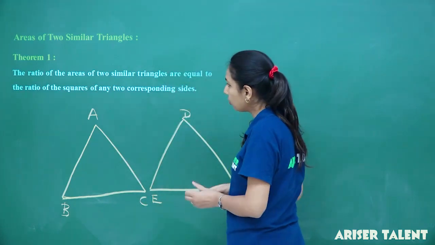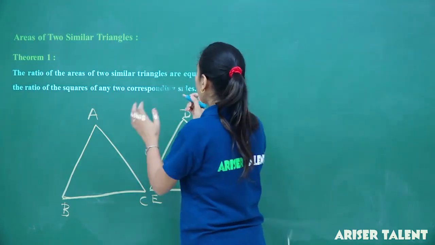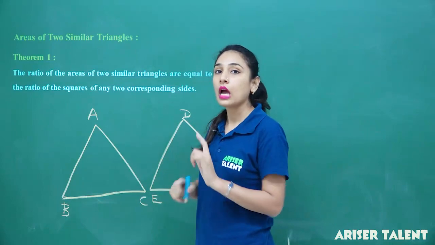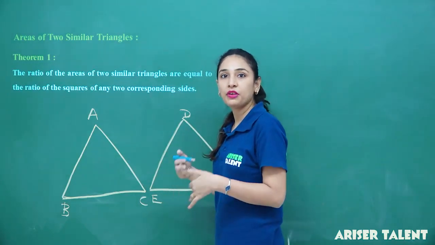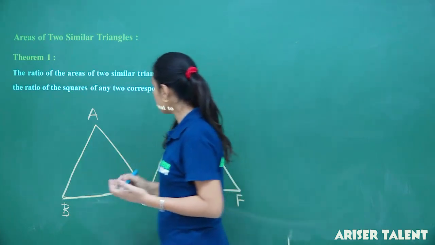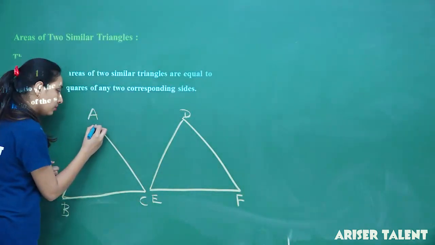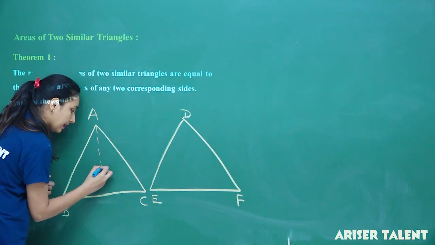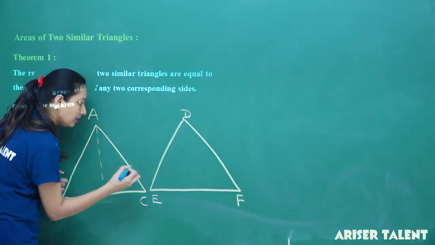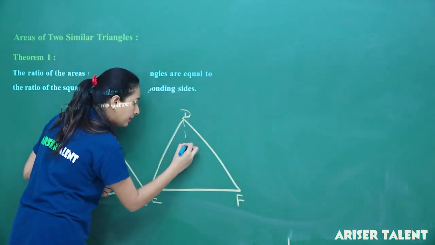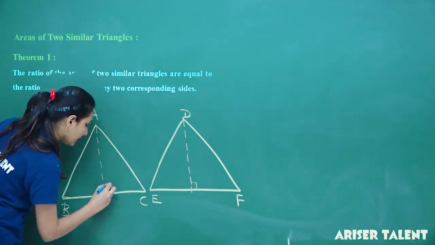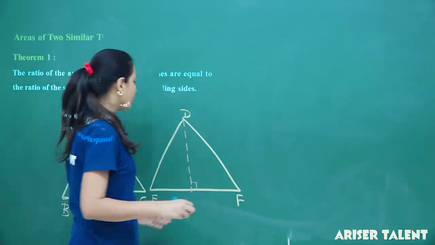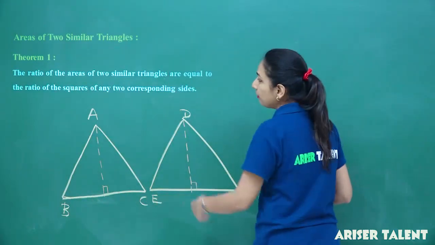Right, students? So it's talking about area. Now area is half into base into height. Now we have the base, but we do not have the height here. So just create the height here. I am creating a height here. Now this is a 90 degree angle. That means this is the altitude we have drawn on EF and BC.